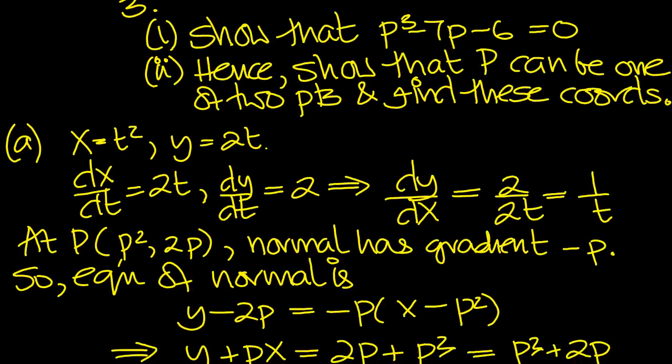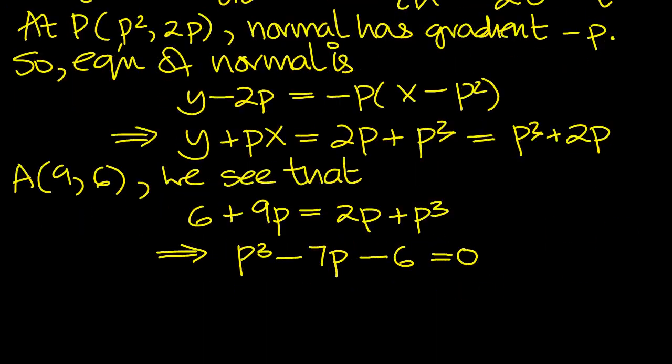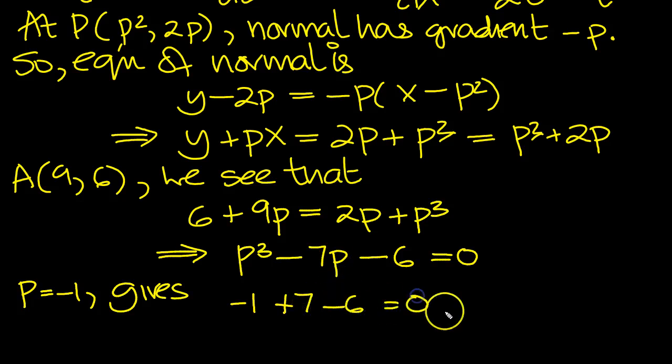Hence show that p can be one of 2 roots and find these coordinates. So when does this have a root? Okay, p is minus 1. If we put p as minus 1 in here, then we'll get minus 1 cubed, which is minus 1. Minus times minus is a plus, 7 times 1 is 7, minus 6 equals 0.